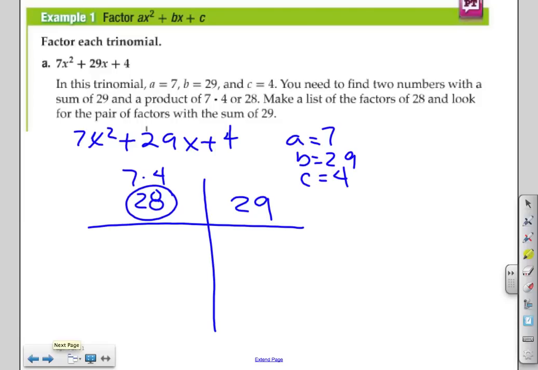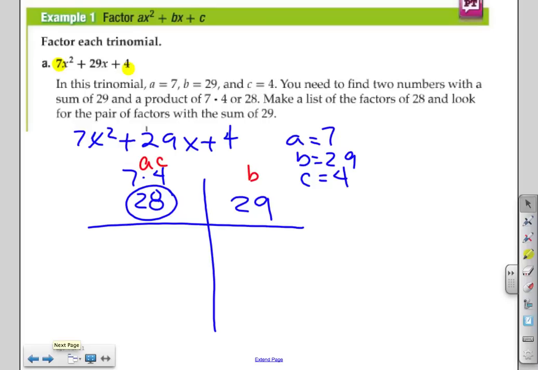Okay? So because of 7 times 4, right? That's A times C. Maybe I should have written that up above. This is A times C, and this is the sum of B, right?